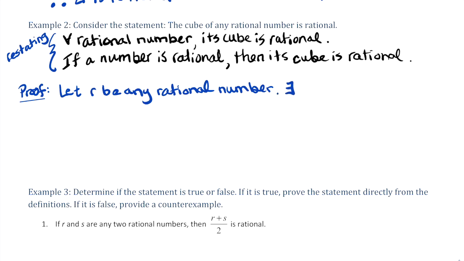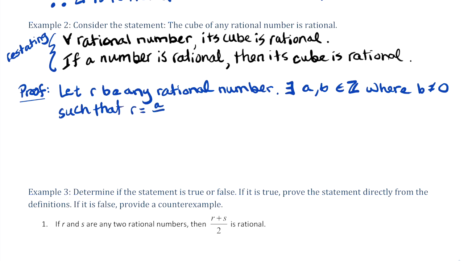Well, if that's true, there exist A and B that belong to the set of integers, right, where B is not equal to 0, such that R is equal to A over B. Cool so far? Awesome.